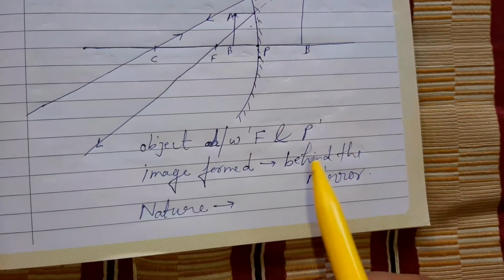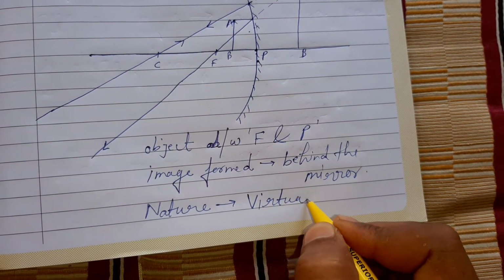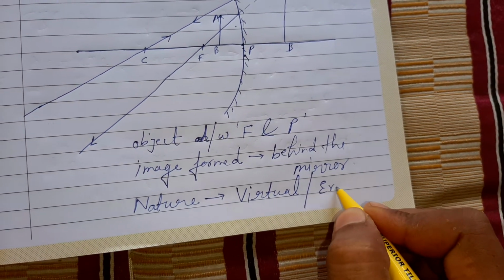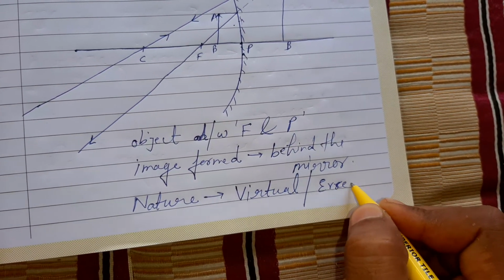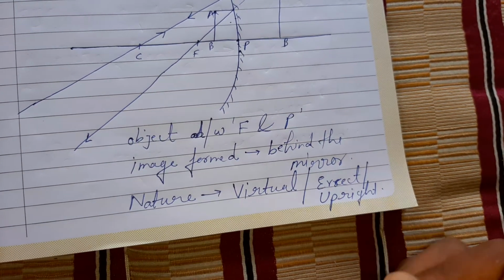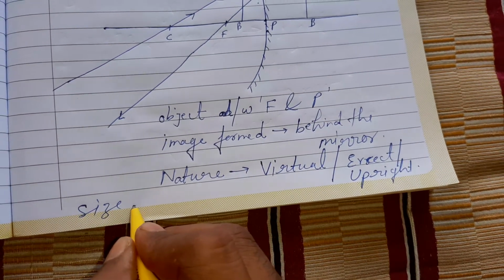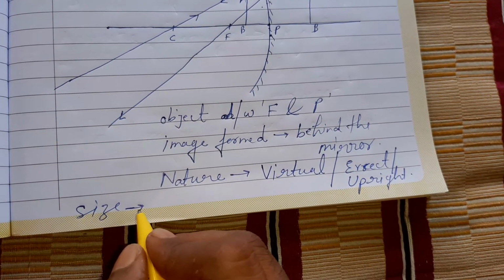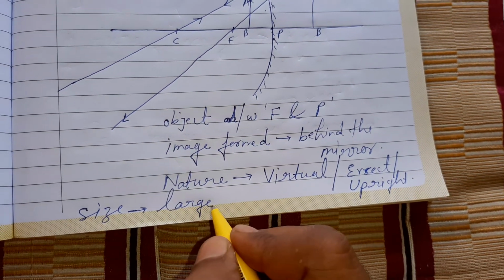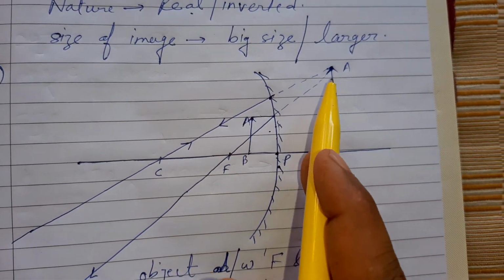That's why it is not real, it is a virtual image, and a virtual image is always erect, or upright. And the size of the image is larger. Here is the object and here is the image.